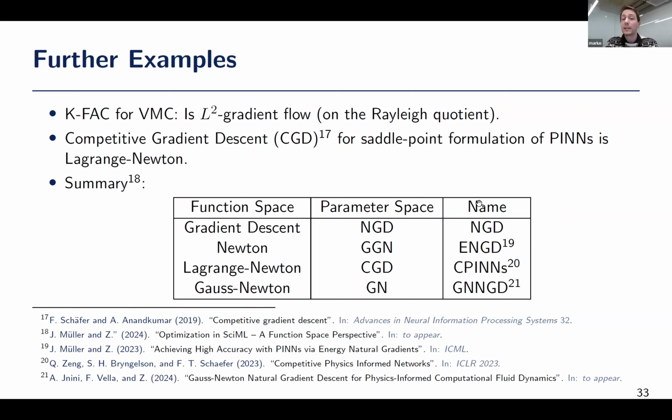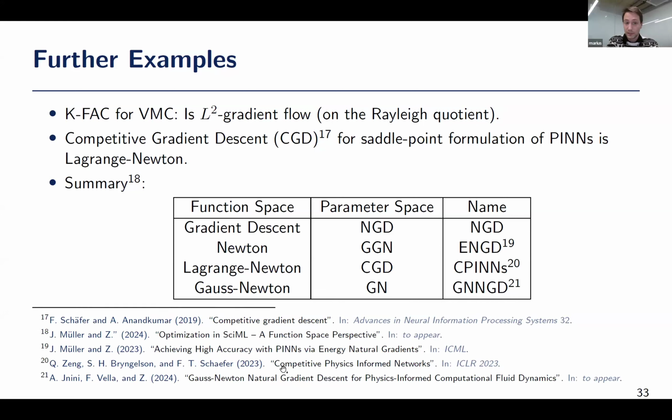So here I have a list of situations where I know that this is the case. Gradient descent in a Hilbert space, this is L2 gradient flow, for instance, is typically referred to as a natural gradient method. Newton is what I showed you. What I didn't say so far is that if you discretize Newton, you actually end up with a known method. It's the generalized Gauss-Newton method.